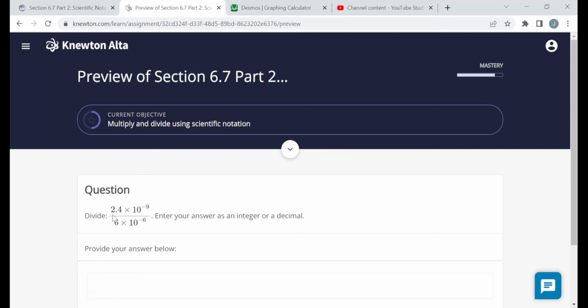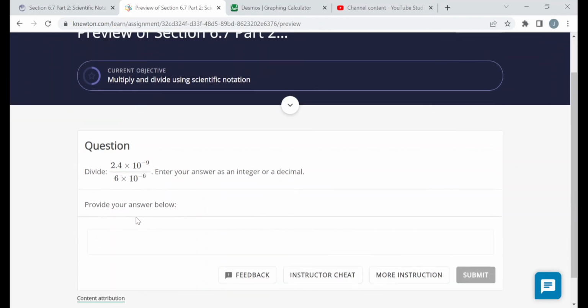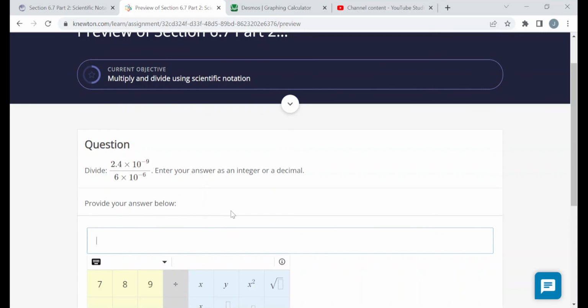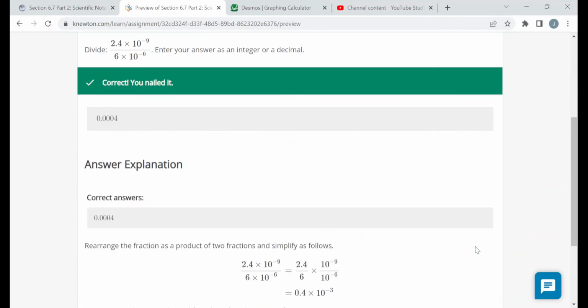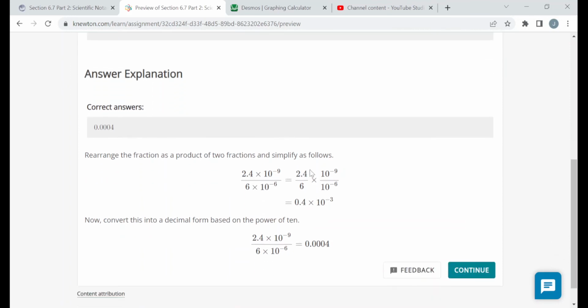So 0.4 times 10 to the negative 3. You move the decimal place to the left 3 places, so it'd be 0.0004. So again, if you wanted to write that out, go ahead. But I just basically did all the stuff they're explaining here out loud.